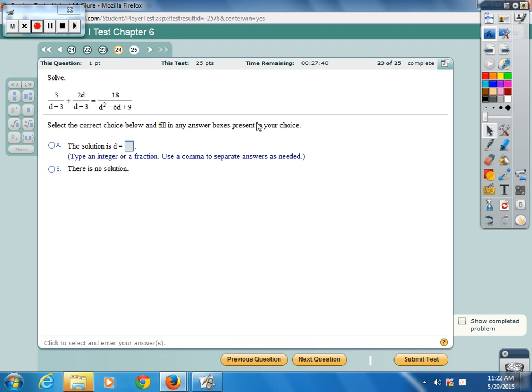Hey, not yet. Now, are you going to simplify this or are you going to clear the fraction? Yes, when there's an equal sign, there is no fraction at the end. There might be a fraction as a number, but you will get rid of the denominator by multiplying through by the common denominator.